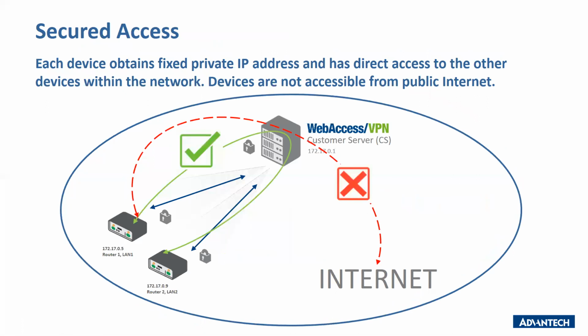So what's really cool about this is you've got a fixed IP address, and you can talk to the other devices on that network. So when this is set up, you configure each device. They can be on separate LANs, but they can talk to each other with a static IP address. So from your Web Access VPN server, you can remotely access the web UI of that remote device.